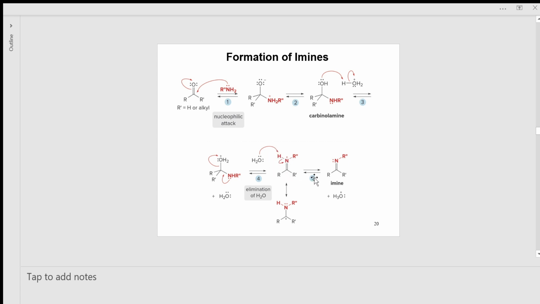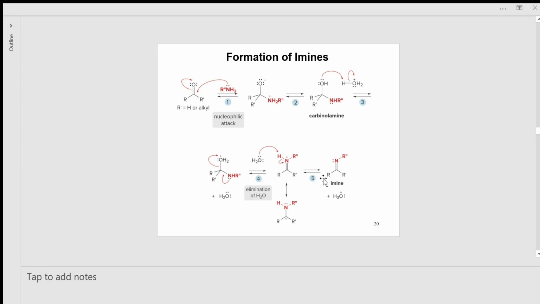And the next step, because the nitrogen is also attached to a hydrogen that is always easy to move around, water serves as a base to do the acid-base reaction. The result of this reaction is the deprotonation of this nitrogen. So this is the final product.